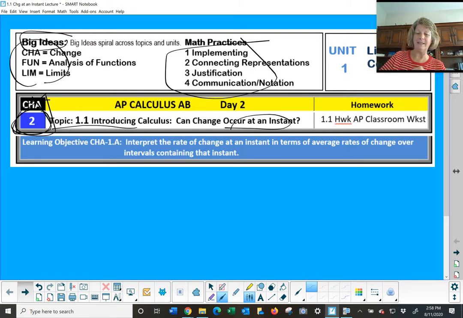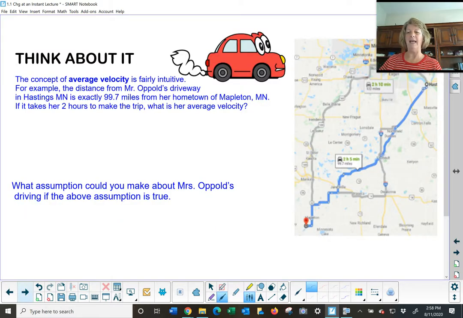All right, so let's just get started. I'm on a page ahead, and this one says, think about it. So I'm in my car, I live in Hastings, and I want to know, what is my average velocity as I go home? And home for me is in Mapleton, Minnesota, which as you can see is south of Hastings. I take Highway 47 into Northfield.